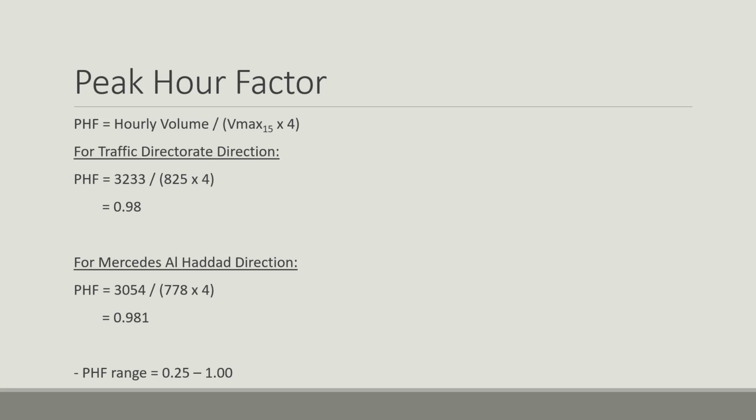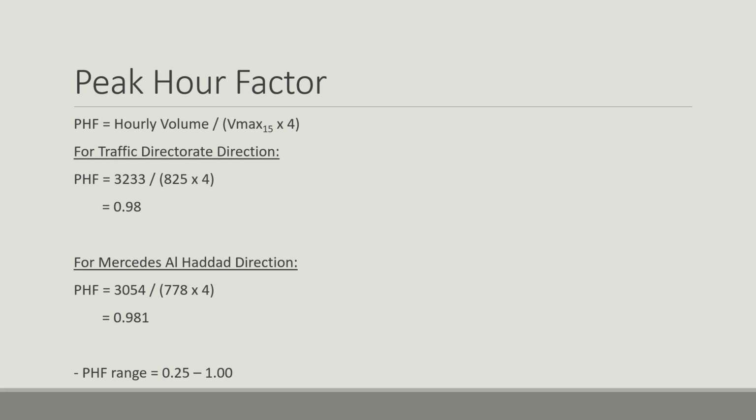After finding the peak hour volume, we calculated the peak hour factor, which is the hourly volume divided by the maximum flow in the peak hour multiplied by 4. So for the direction going toward the traffic directorate, we found that the peak hour factor is 0.98, and for the other direction it's found to be 0.981.